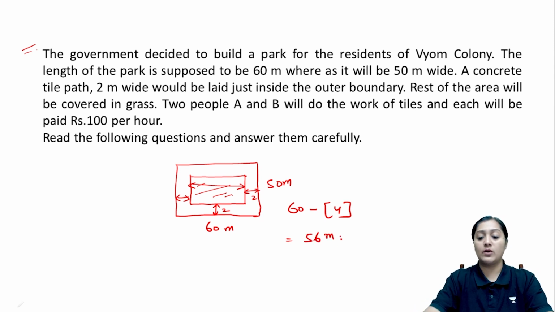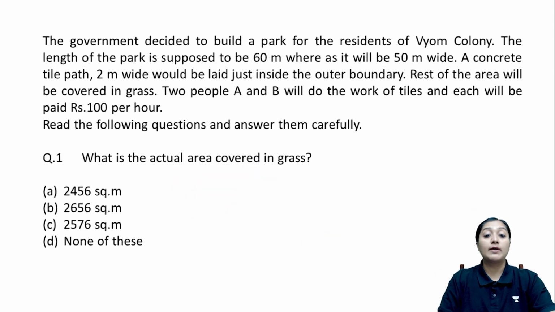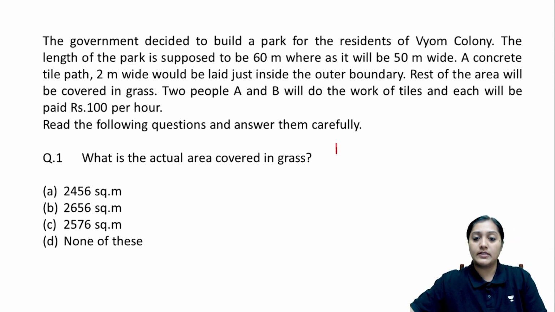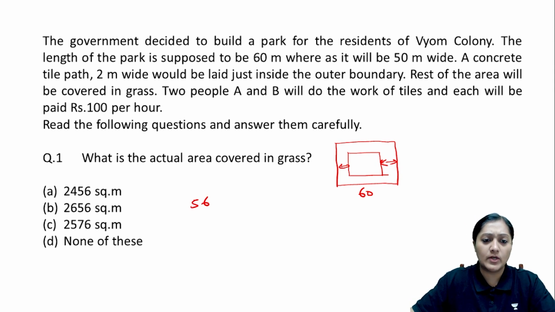So let us look at the questions first. What we have in the questions. What is the actual area covered in grass? The actual area that's covered in grass is, you have seen कि यहाँ पे हमारे पास this was 60. So when we cancel the 2 meter path, when we remove that 2 meter path from here, from this side and from this side, it will become 56. Easy question आया. So area would be length into breadth.